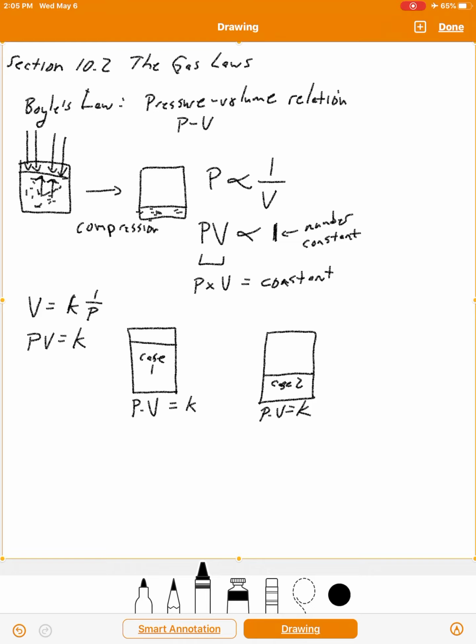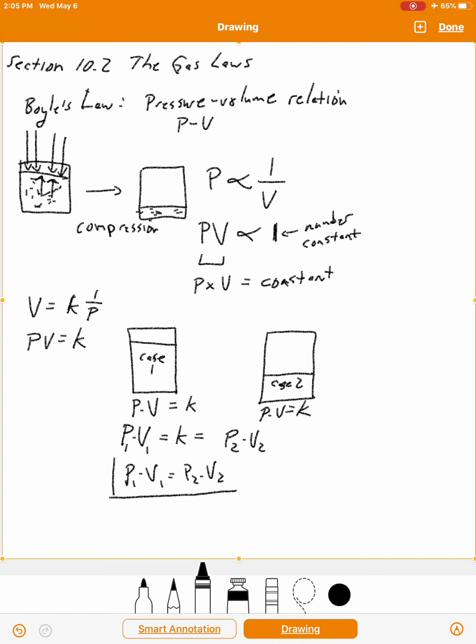So let's call this P1, the initial pressure, times V1, the initial volume, is equal to K. Well, that's got to be this case over here. P2, the pressure under this case, times its volume, that's also got to be equal to K. So that means that P1 times V1 is equal to P2 times V2.